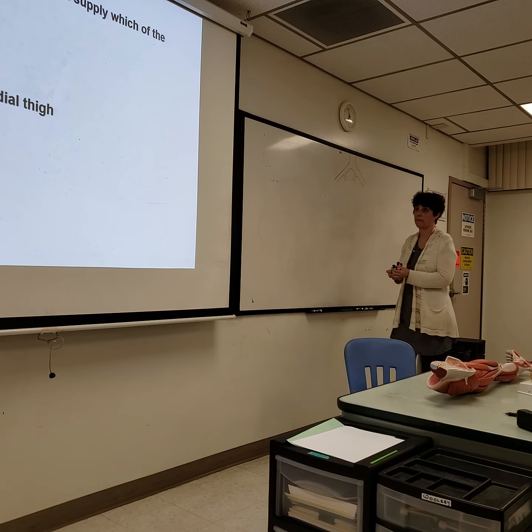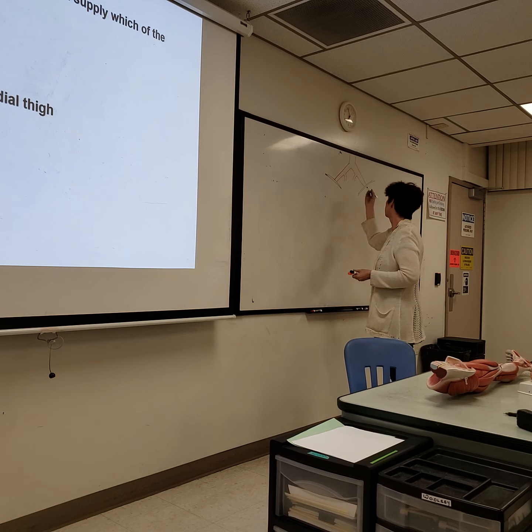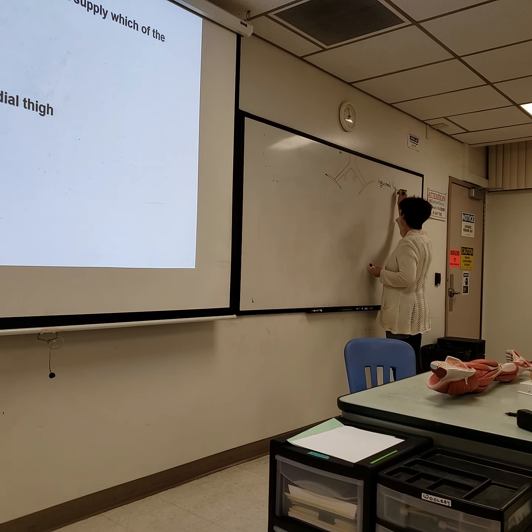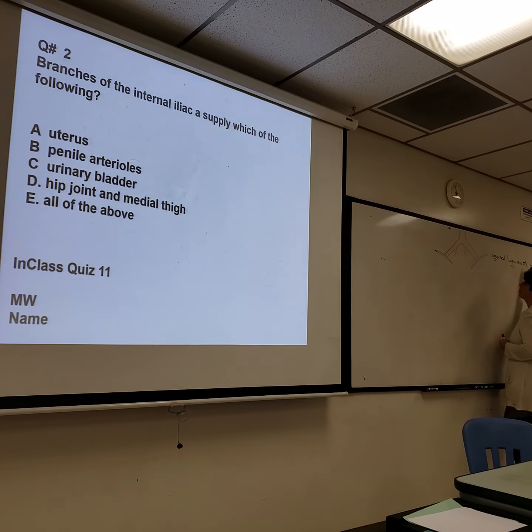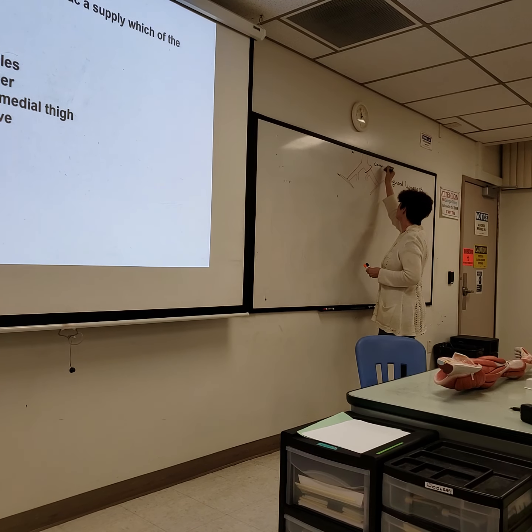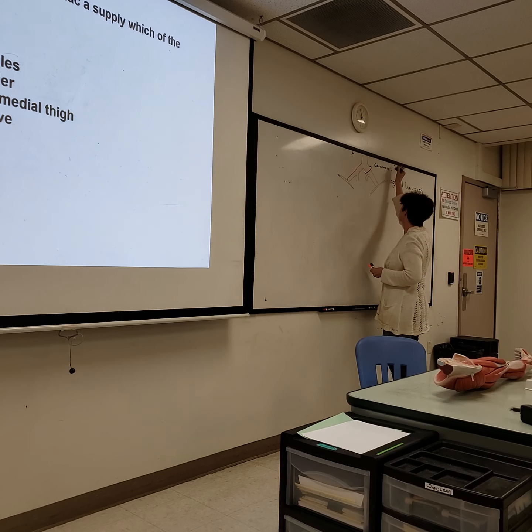This right over here, it just supplies the hip too. This right over here next to the abdominal region. Yeah, that's why I'm like, I think it's all of the above. Yeah. We'll go B. Yeah. And what did we put for A?